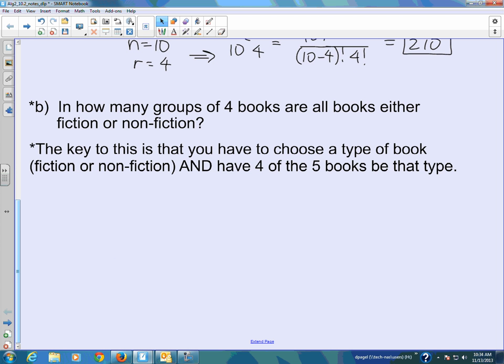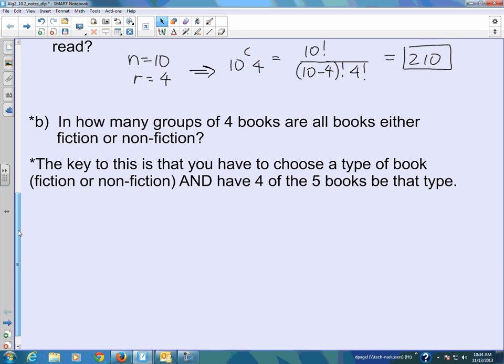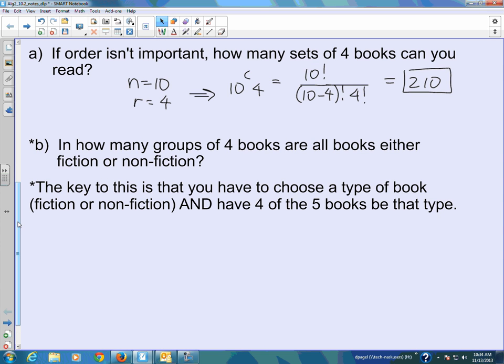I want my books to be fiction or nonfiction, and I want 4 of those 5 books to be that particular type. So I want 4 fiction, or I want 4 nonfiction. So our 2 categories become the type of book, and then 4 of the 5. And even though it's not stated in the problem, we're going to have to interpret these as best we can here.